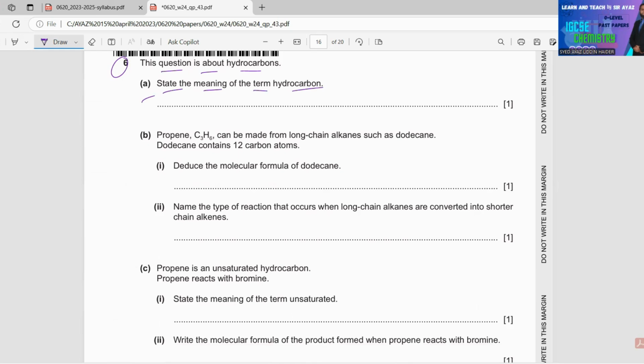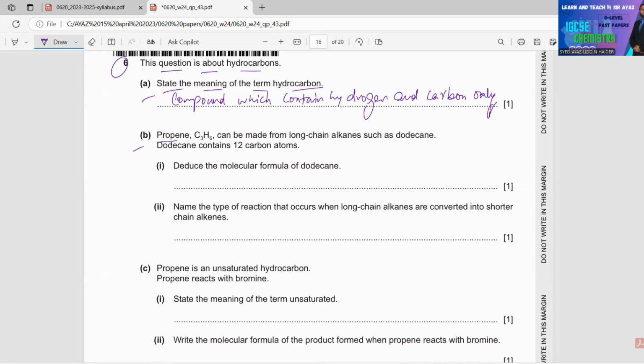Compounds which contain carbon and hydrogen only.